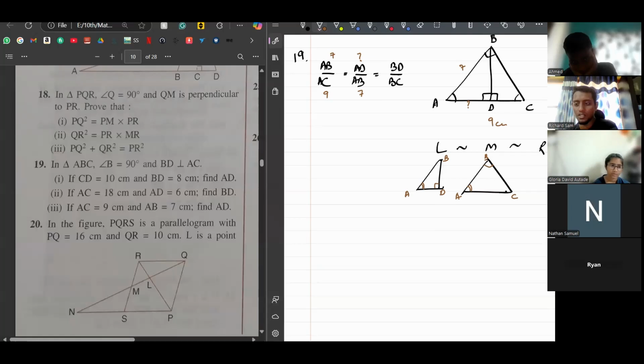How do you start doing the sum? You have to show that the triangles are similar. Show all these three are similar. And then take the required ratios that you need, apply the values and find it. Okay, just write this one down.